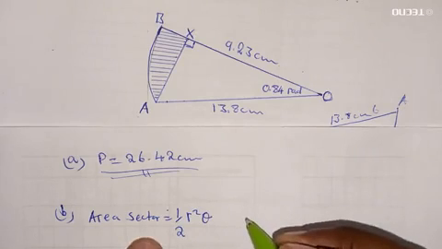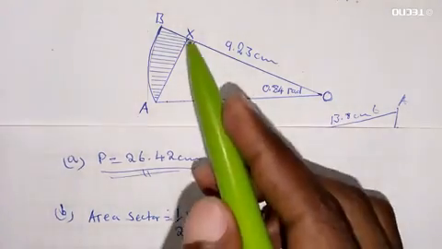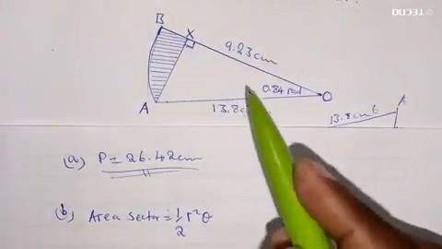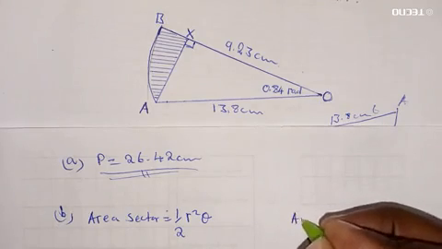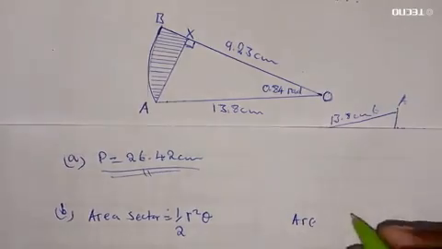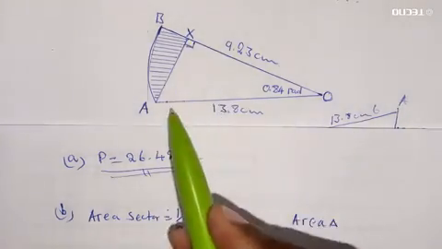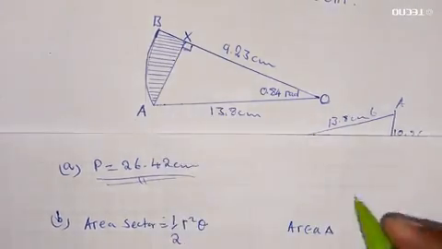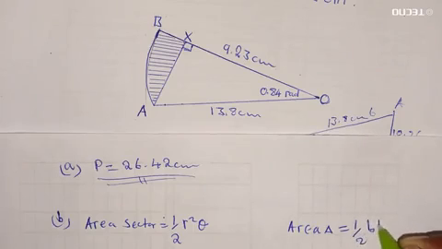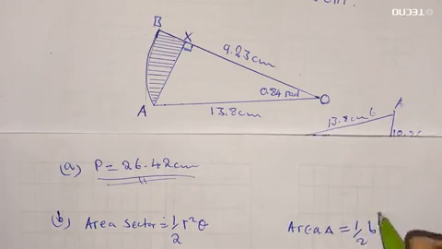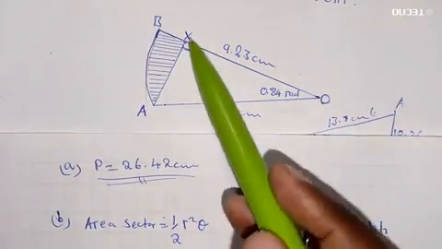Then we also need to find the area of this. We subtract the area of the triangle from the area of the sector. When you talk of the area of a triangle, which is this part, let's just use the simple one, which is half BH. I've used this formula half BH because we've already calculated XB and XA.